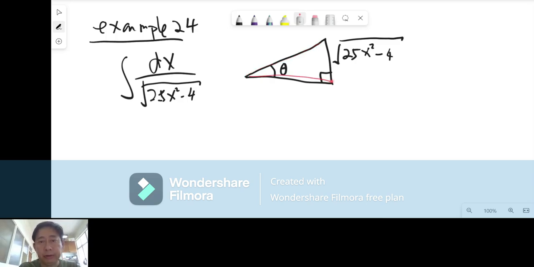The hypotenuse should have the length of 5x because this represents the square of the hypotenuse. 4 represents the square of the base, so the base would have a length of 2.